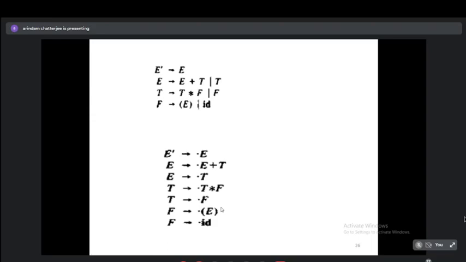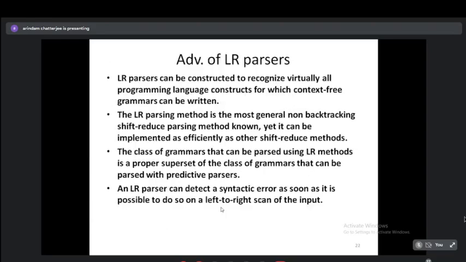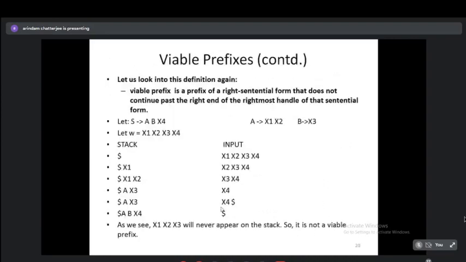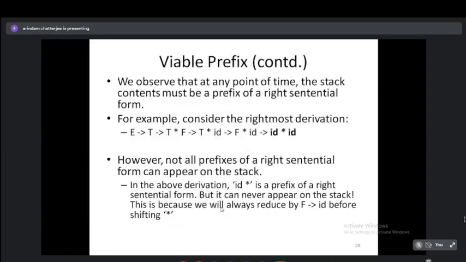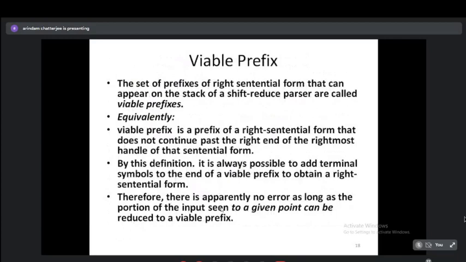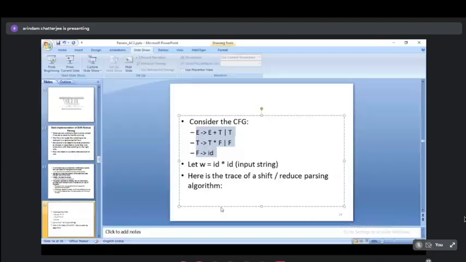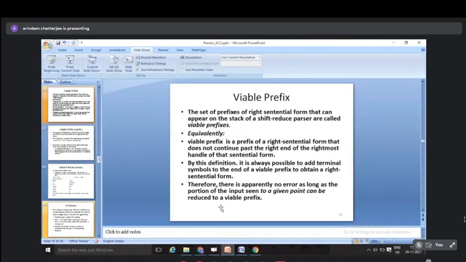Once we do that, we'll be going back to the theory a little bit: why we are using stack, why we are using the augmented symbol, and what are the advantages of LR parsers, which will be very obvious from the given context. Also, we'll take another look at the viable prefixes. I'll be sharing this PPT with you today.